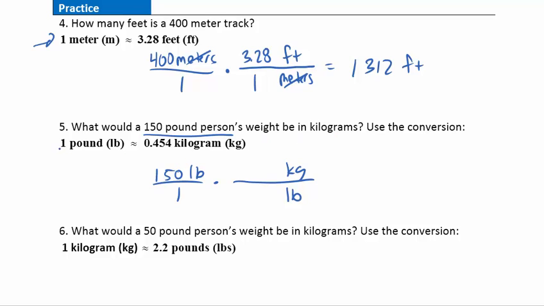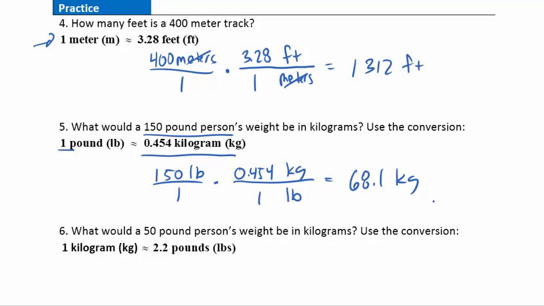And our conversion is this: 1 pound equals 0.454 kilograms. So all we have to do now is multiply 150 times 0.454, and we'll get 68.1 kilograms.